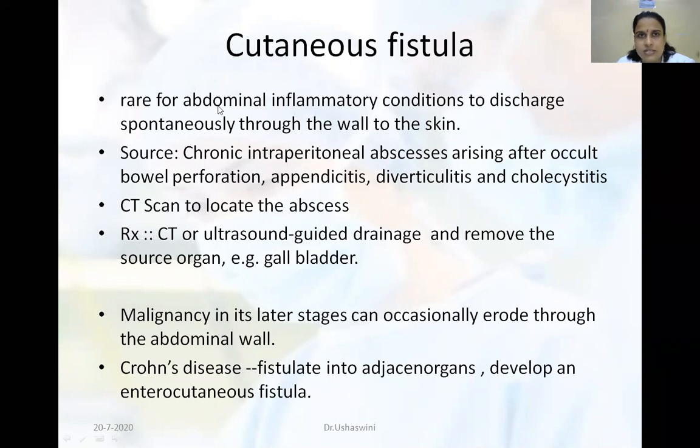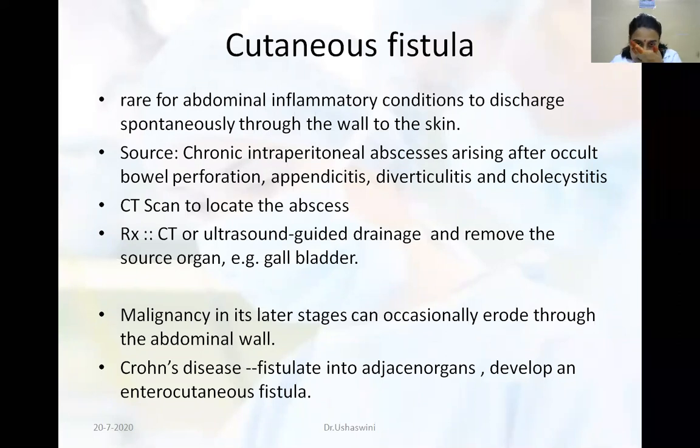Whatever small infections occur on the abdominal wall, like a boil or a small abscess, they usually discharge spontaneously. They rupture, they just localize to that area. But they usually do not penetrate to form a fistulous tract. There is never a fistulous tract per se because of small infections on the abdominal wall.